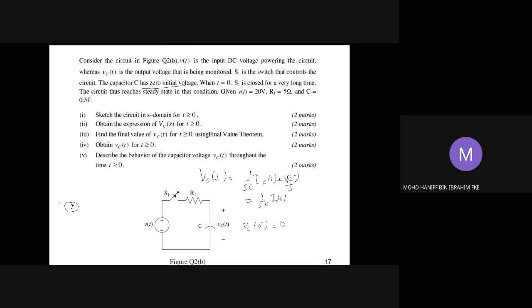Because 20 volts is regarded as a step function, when we transform into the S domain, it is going to be 20 over S, as we learned last week. Then we have the resistance R. There's no change on the resistor for the impedance, which is 5 ohm.